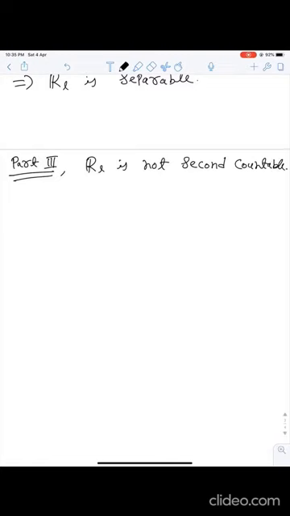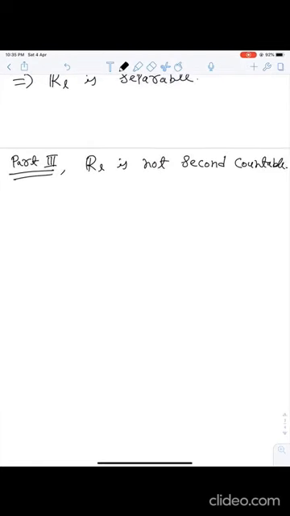Okay, that means we have to prove that RL does not have any countable basis, right? Now in other words, we can prove that RL has a basis beta and we will prove that beta is uncountable, right? Then we are done.